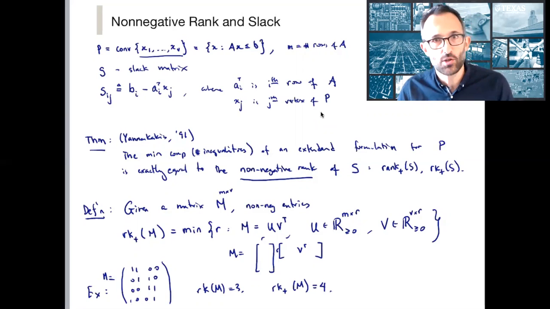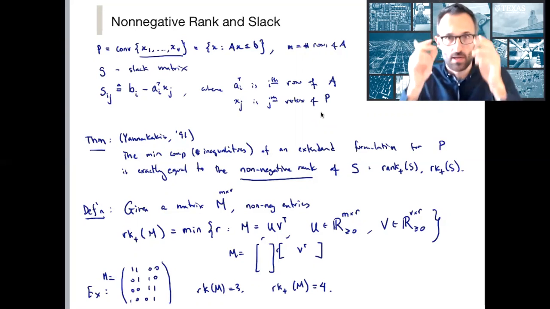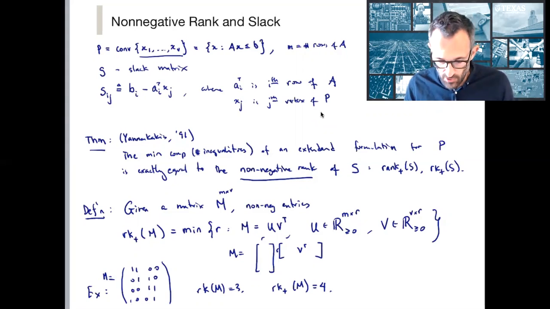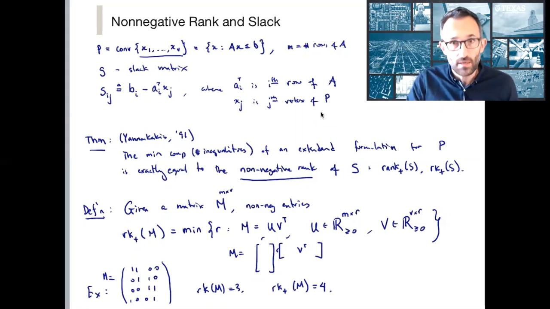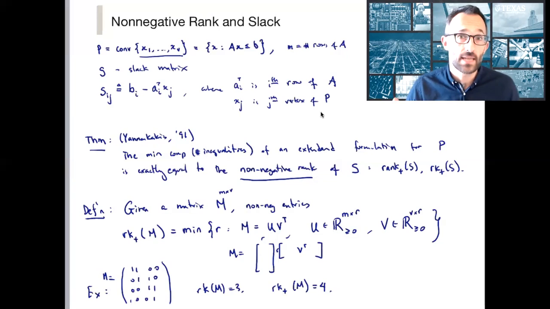Okay, so back to Yannakakis' theorem. It says that you look at the slack matrix, which is an M by V matrix of exponential size. Whatever its non-negative rank is, that is exactly equal to the extension complexity. We're going to prove this by showing both directions.